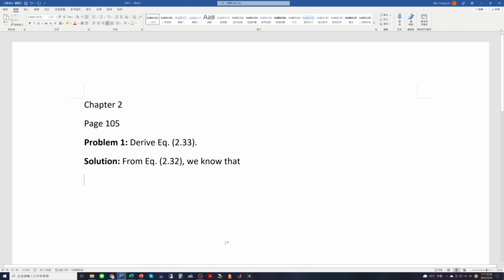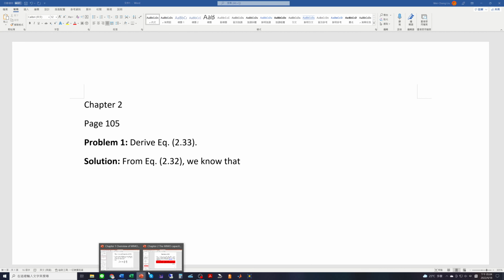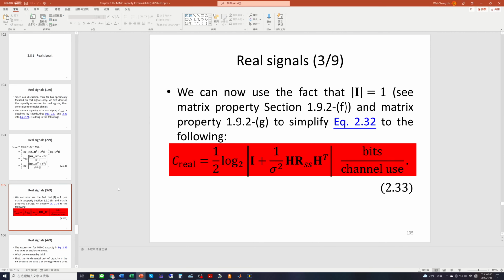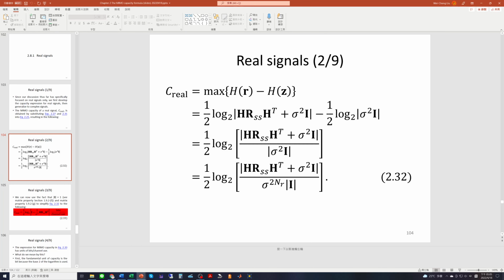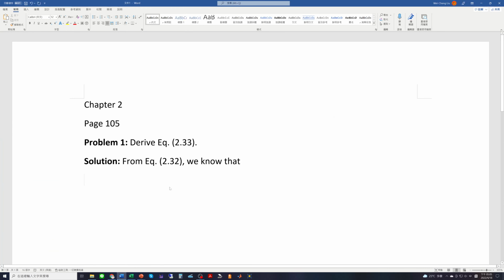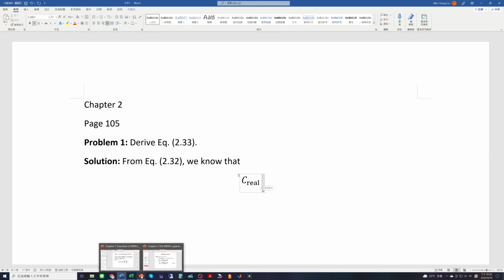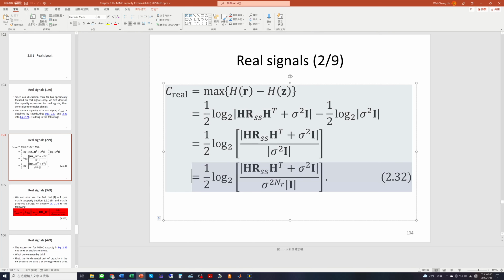Let us go back to equation 2.32. C real is equal to this equation.